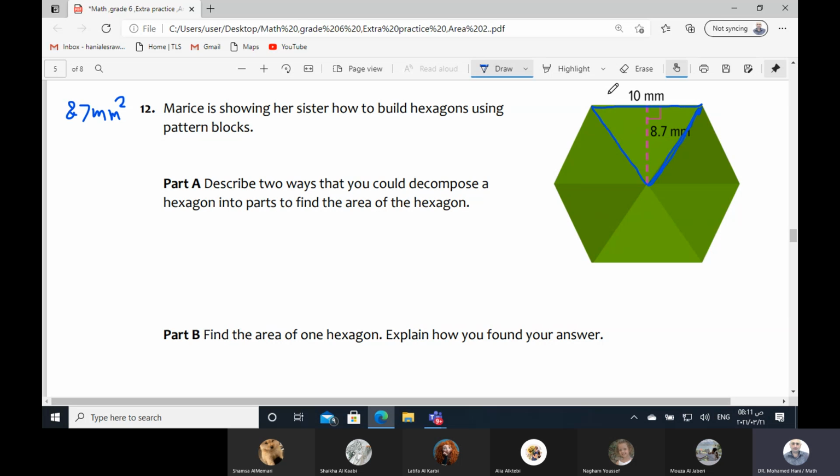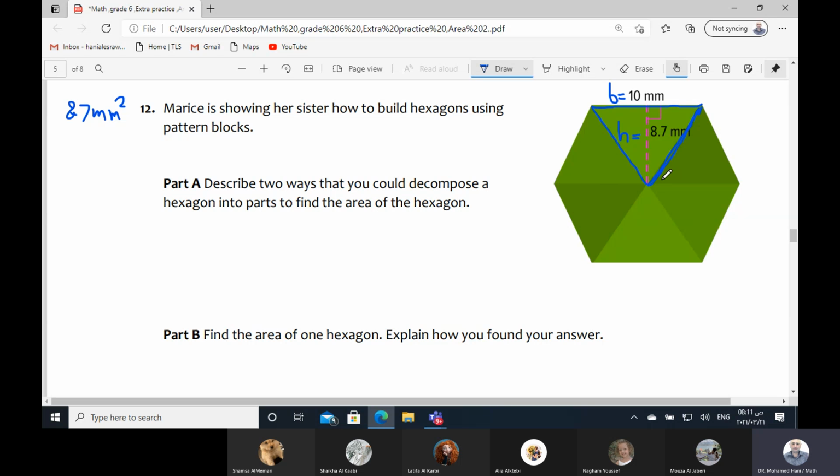Right. As you see here, we have a triangle. This is the base, equal 10 millimeter, and this is the height. To find the area of the whole hexagon, find the area of one triangle, then multiply this area by 6, because we have 6 triangles inside the hexagon.